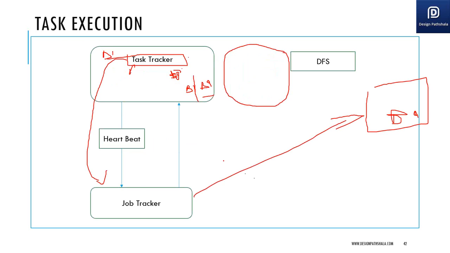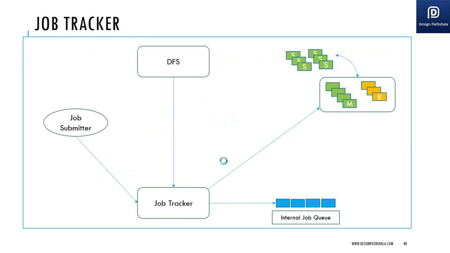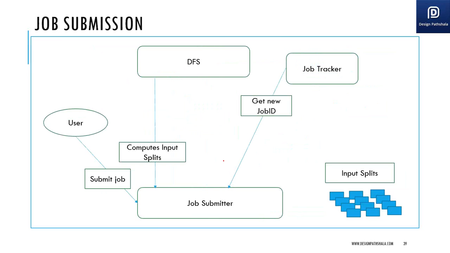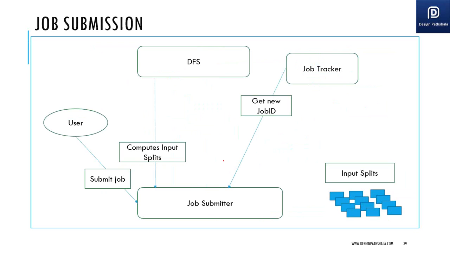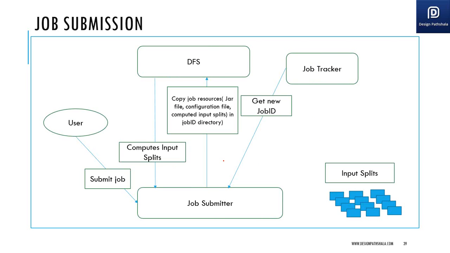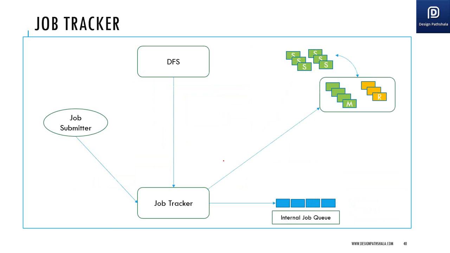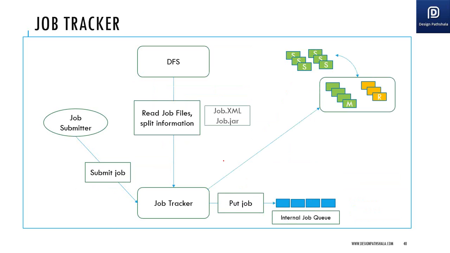So let me quickly repeat it for you. As a user, I submit the job to the job tracker. The job tracker gives a new job ID to me. By that job ID, I track my whole job, and my job is placed into the job queue, which is displayed over here.